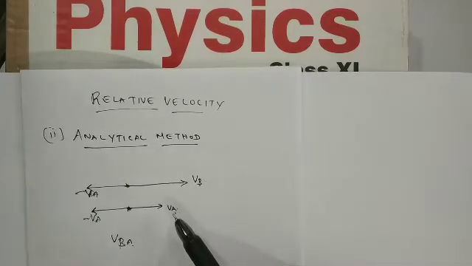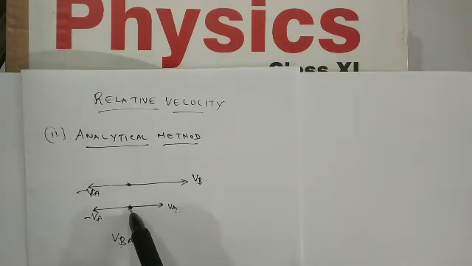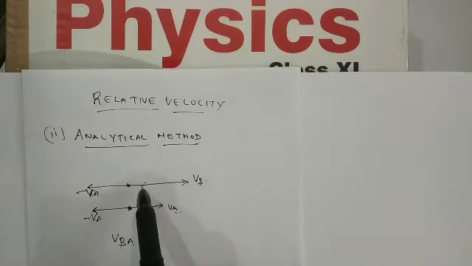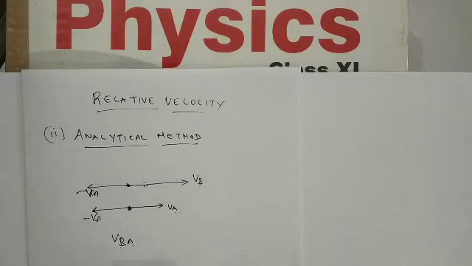So impose equal and opposite velocity of VA on both A and B. A we imposed here, B also we have imposed here, such that the body A is brought to rest. Then the resultant will give the relative velocity of B with respect to A. Look at this.